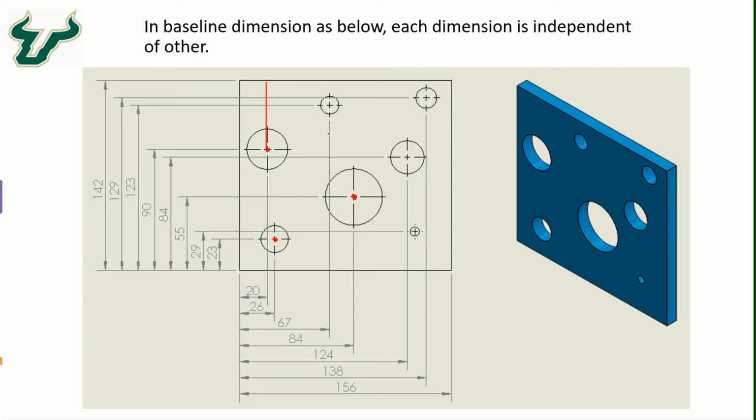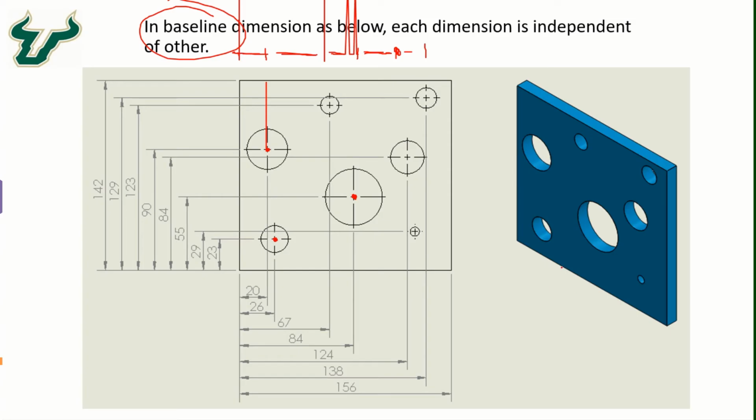But if we were to use the chain dimension, then all the dimensions would have been applied in the form of a chain, so all these chain dimensions would affect one another. So if there is a big tolerance applied for, let's say, one particular hole, that is going to affect the location of all other holes because they're all connected together. And that is again the emphasis on the baseline dimensions' advantage while fabricating this part.